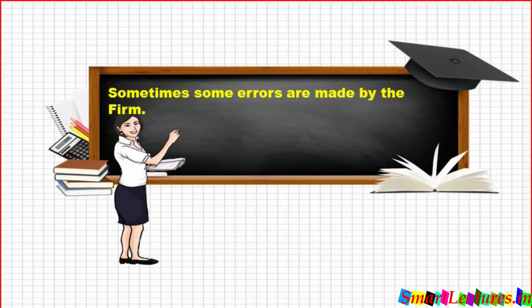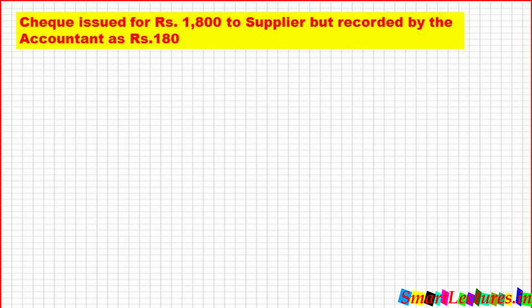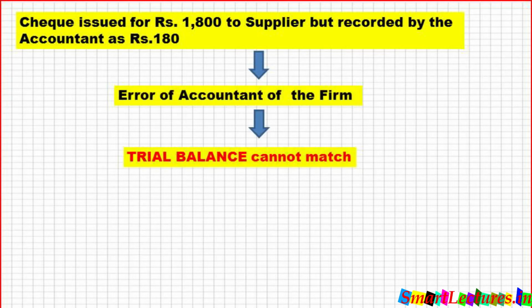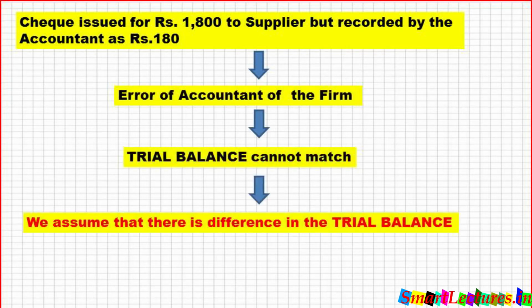Sometimes some errors are made by the firm. For example, a check issued for rupees 1800 to a supplier but recorded by the accountant as 180. This was the error of our accountant. There is one more technical thing: if the accountant makes this type of error, the trial balance cannot match. So we are assuming there was a difference in the trial balance.